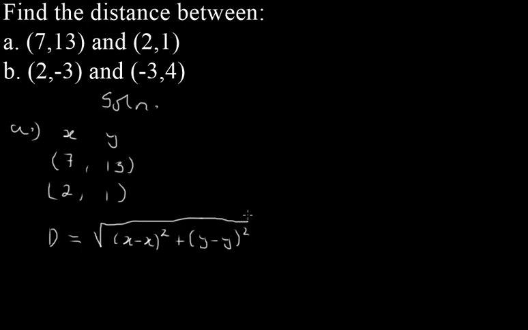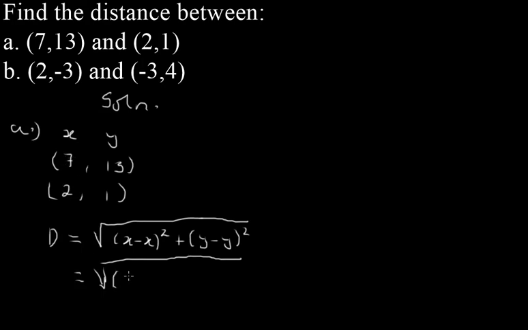So to avoid confusion, we write down our coordinates in such a manner, okay? And we pick them just as they are. So we've got the x coordinates, 7 and 2.